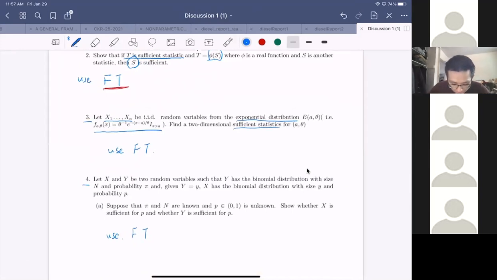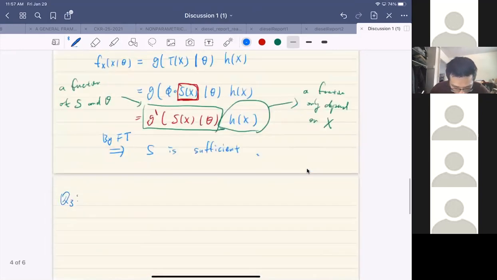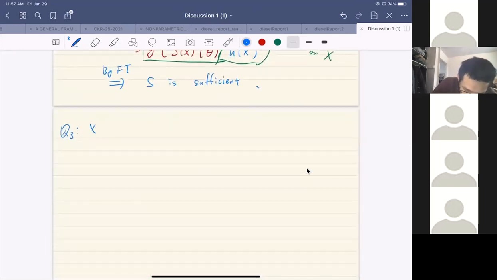In question 3, we have what? Exponential distribution with theta. So we have S1, S2, to Sn following the exponential distribution with theta.